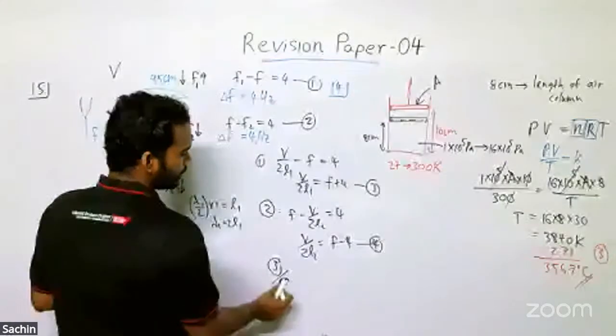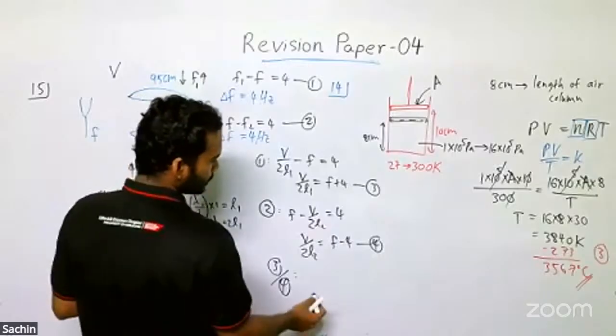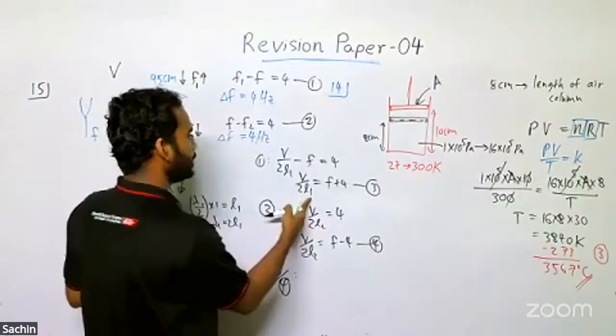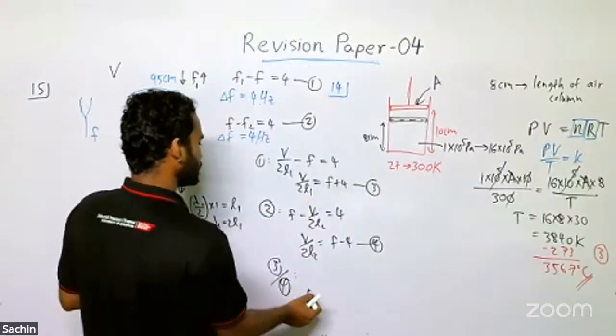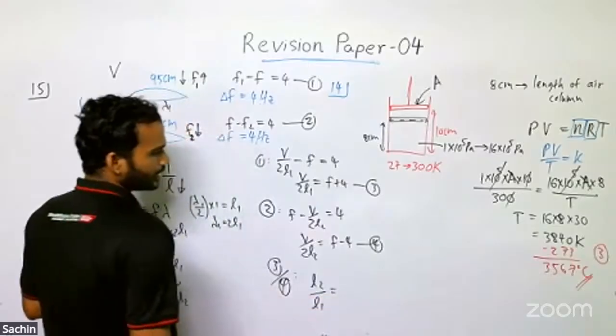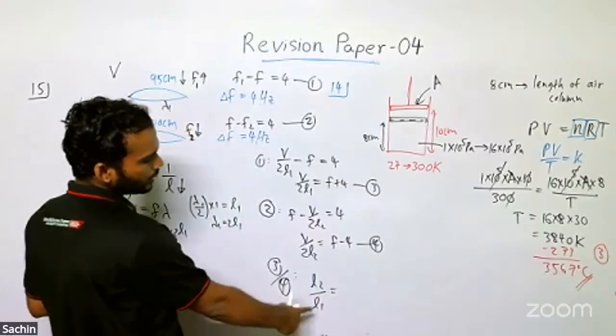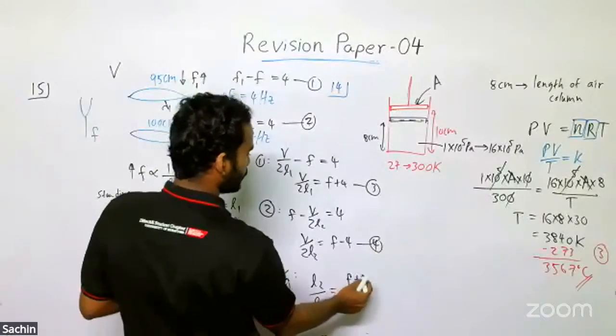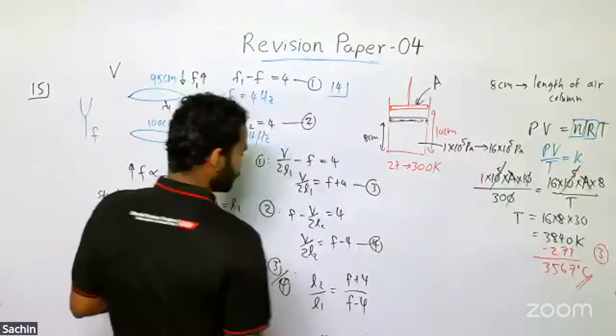When you divide these two equations, v gets cancelled. So you don't have to worry about v. And when you divide it, L is in the denominator. That means dividing the third by the fourth, it will be L2 over L1 is equal to f plus 4 over f minus 4.